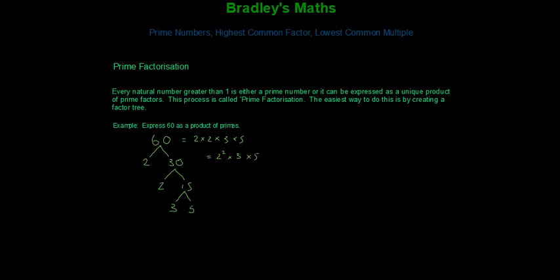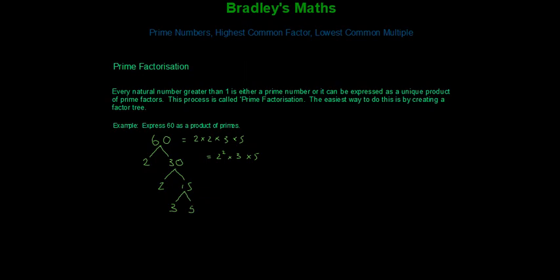Okay, there is no different prime factorization for 60. It says up here somewhere, yes, there it is, there's the word, expressed as a unique product of prime factors. And this is what it means. 2 squared times 3 times 5 equals 60. 60 equals 2 squared times 3 times 5. Nothing else, no other prime factorization can come up to 60.